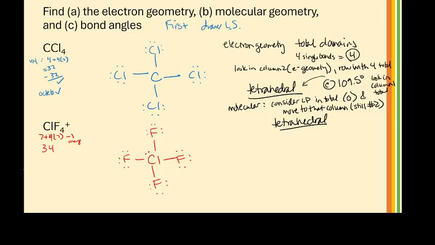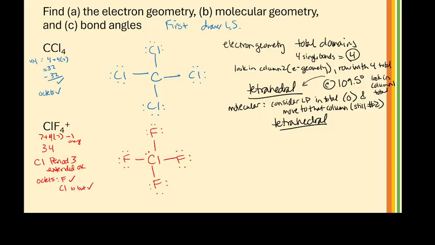It is allowed. Chlorine is in period 3, so extended octets are possible. All right, so 2, 4, 6, 8 on each fluorine. So all F have octets, and for the center one, I have 2, 4, 6, 8, 10.